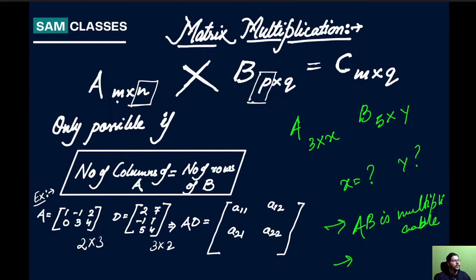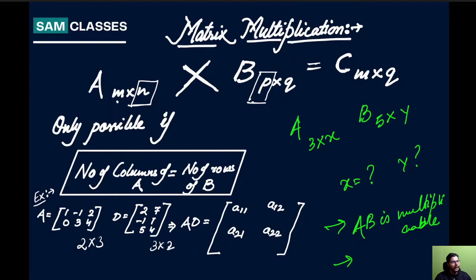Fast, come on, everybody. Let's see who's giving the first answer. A very simple question. A is given, B is given. They are telling you to find the value of X and Y, and they have said that AB is multiplicable. AB is multiplicable means the product of AB exists.